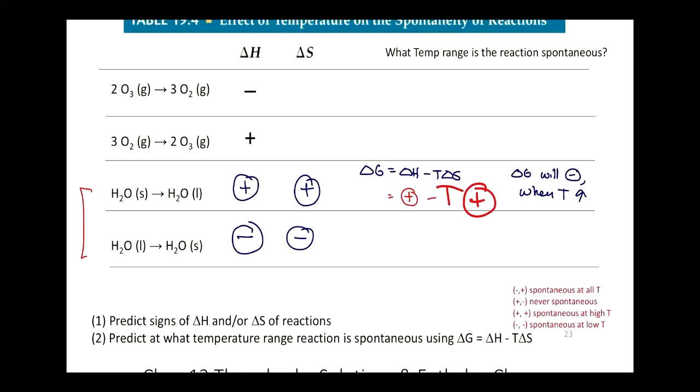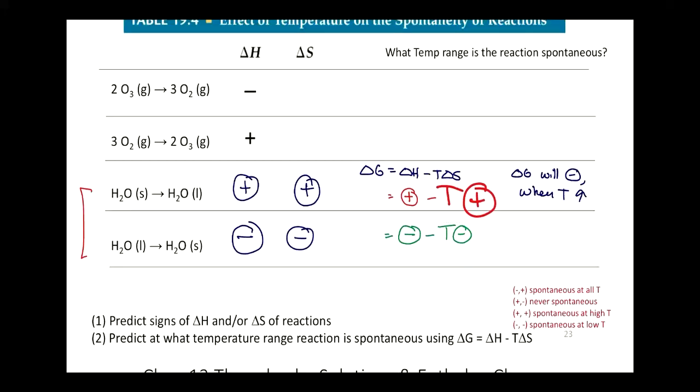We'll come to the same conclusion where we are asking, when is this reaction, the freezing of water, spontaneous? We are going to do the whole delta G thing again, but we're going to use the signs for this reaction. So enthalpy is a negative value minus temperature times a negative value for entropy. So ask yourself, when does this expression become negative?